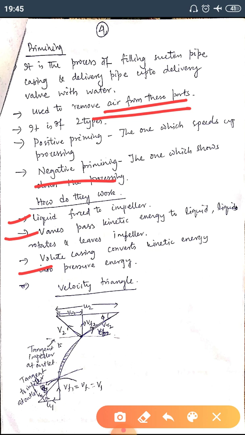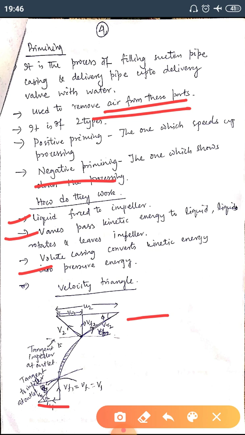This is the velocity triangle, this is the inlet triangle, and this is the outlet triangle. Here U1 is the tangential velocity at inlet, and U2 is the tangential velocity at outlet.